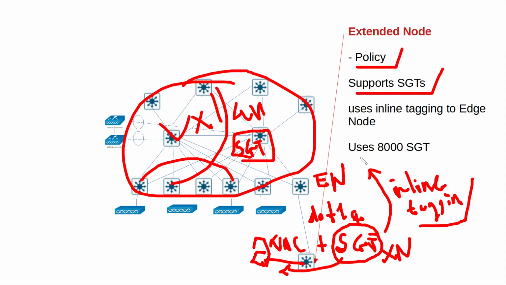Also, the SD-Access solution will internally use this 8000 scalable group tag when you're using extended nodes. So make sure to not use this number when defining your scalable group tags within your fabric, because it is used internally to manage these policy extended nodes.